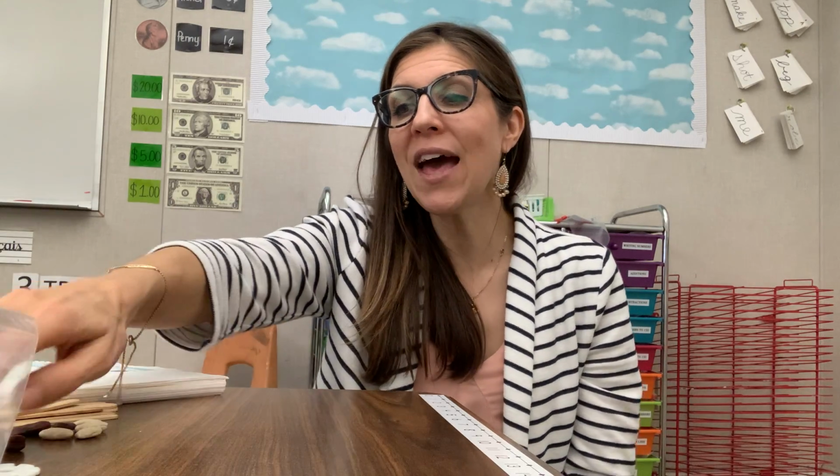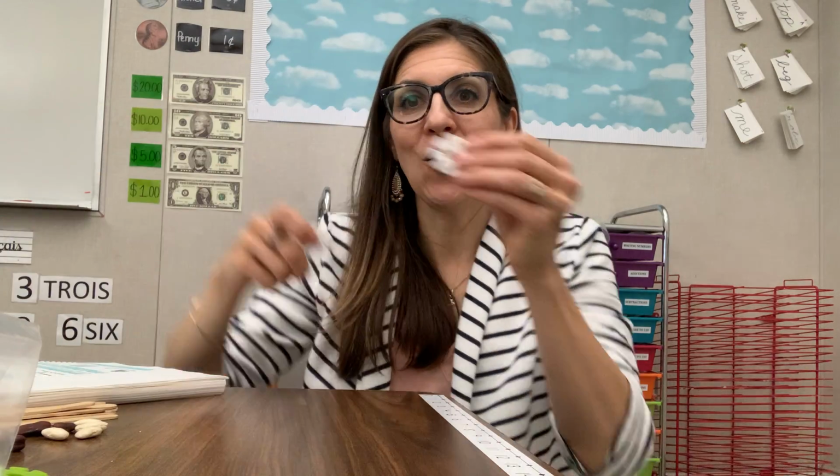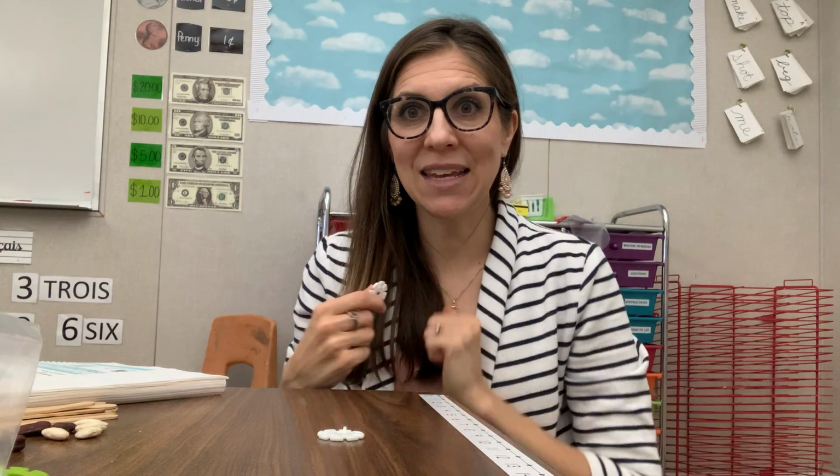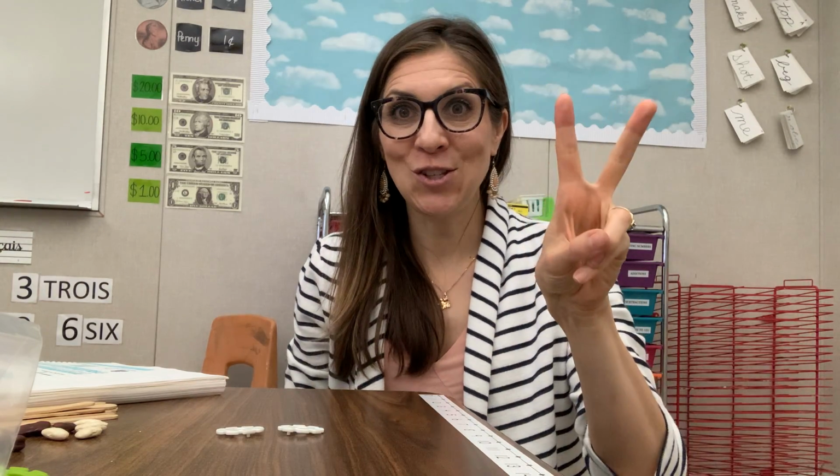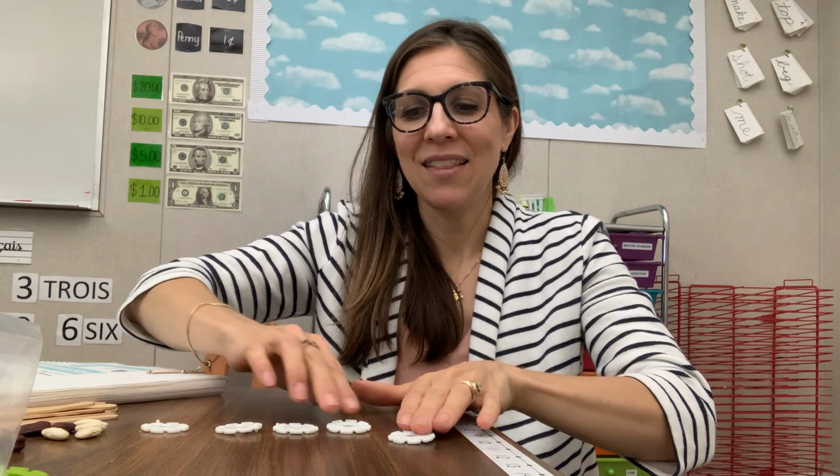All right, real fast, let's do it with these. Are you ready? Okay, so we have how many? 1. Very good. Now how many do we have? 2. Excellent. Now how many do we have? Good. 3. Now how many do we have? Now look well.